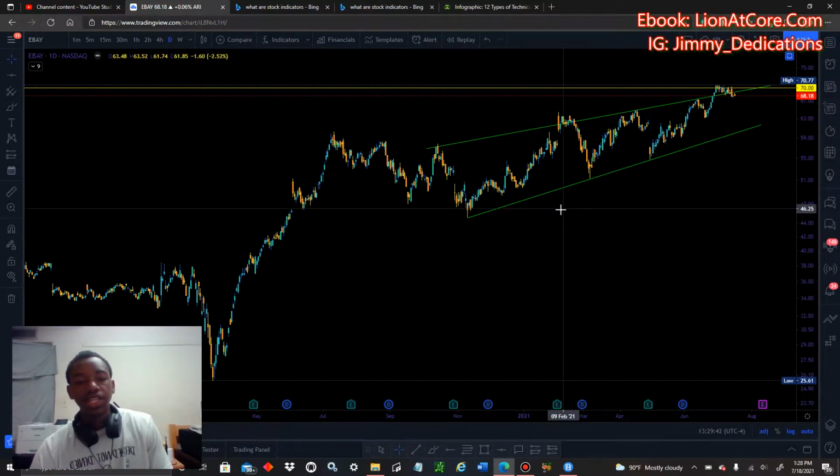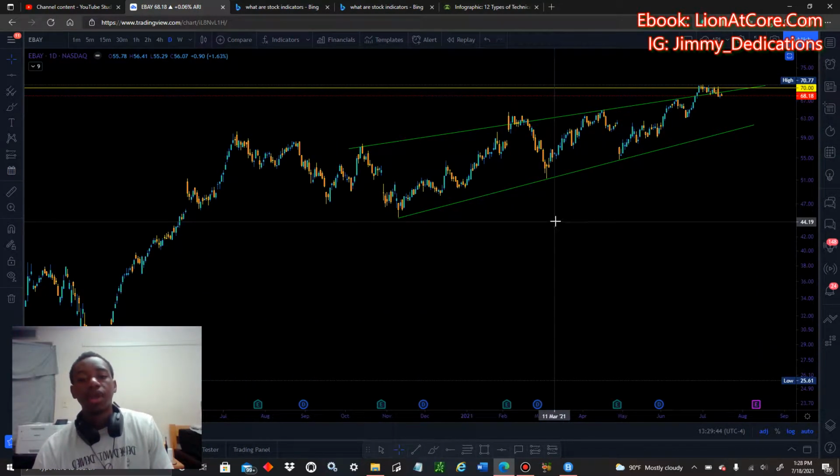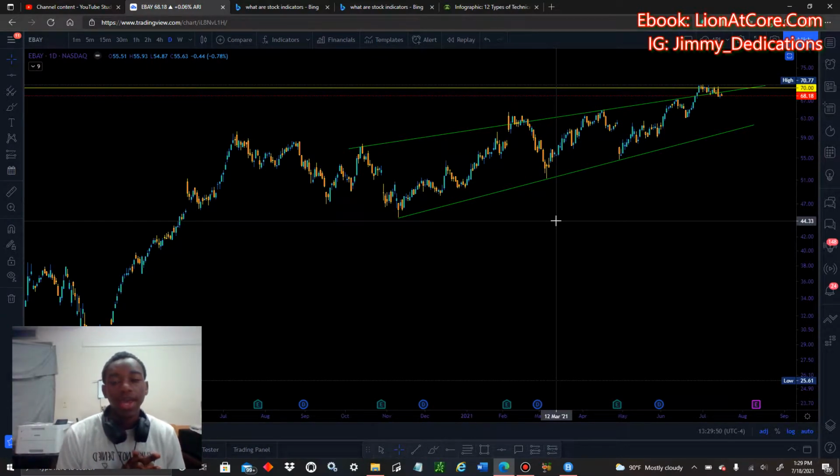Every line you see is a tool to help predict where price will move. And the more tools you have to predict where price will move, the better the outcome you will have. But if you have so many tools that you don't even know how to use them, then it's kind of pointless. Because if you've got to change a tire on a car, all you need is a socket and a wrench, and you can do it perfectly, for example.